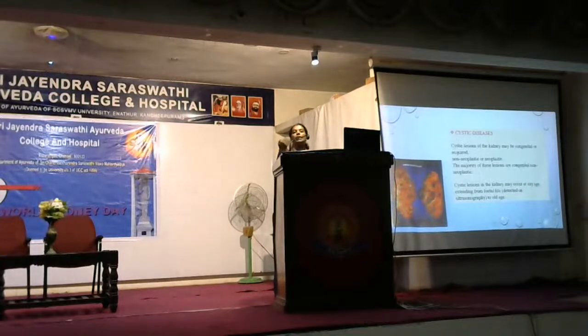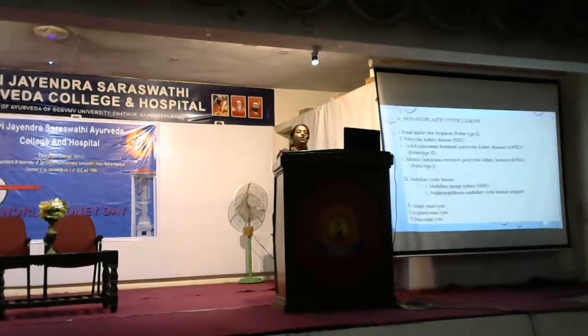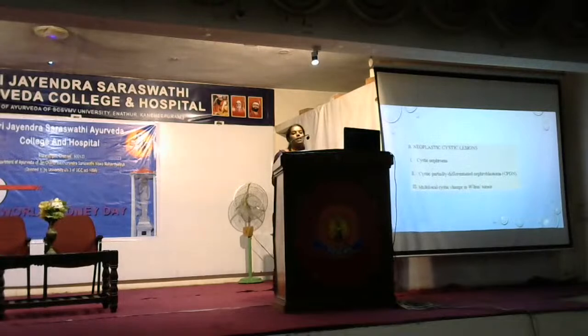Everyone assumes it only starts in early life or is congenital, but it can start from childhood, from the cradle to the grave. Non-neoplastic cystic lesions are polycystic kidney, medullary cystic disease and simple renal cyst, and neoplastic cystic lesions include cystic nephroma.